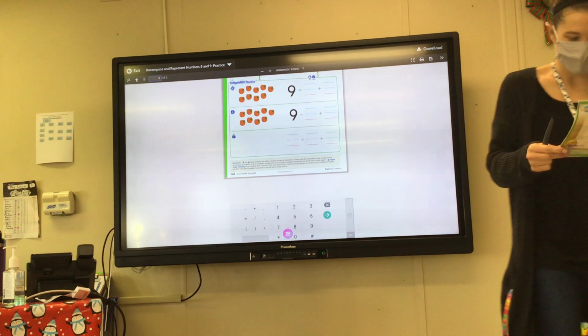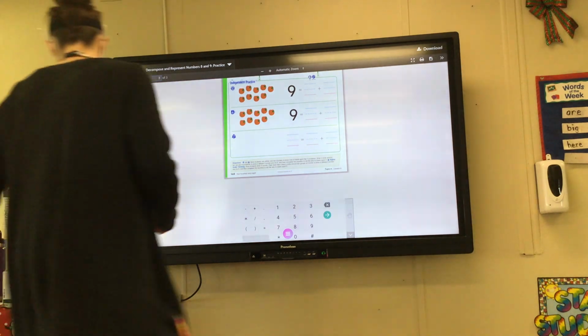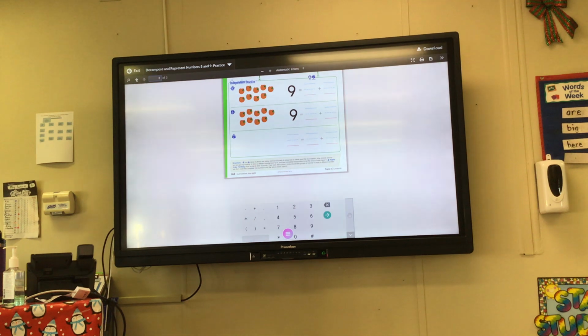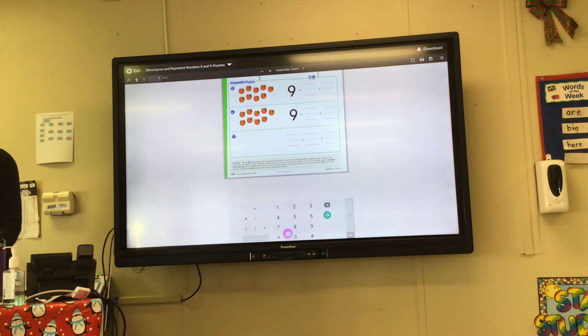This is on your own. Okay, go ahead. This is adding. Okay, make sure you look at 2 different ways for 5 and 6.